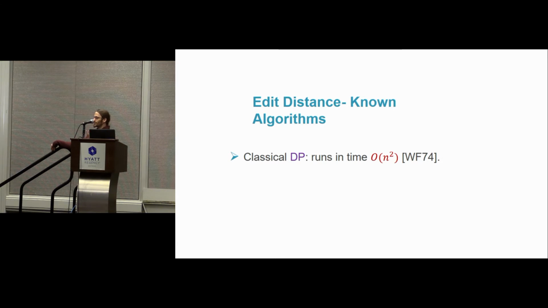Okay, so this is a nice measurement, but how about algorithms? How much time does it take to compute the edit distance between strings? We have a very classical dynamic programming algorithm from the 70s that solves the problem in quadratic time. There were some improvements, but we could only shave polylog factors of n, and we couldn't break into subquadratic time.